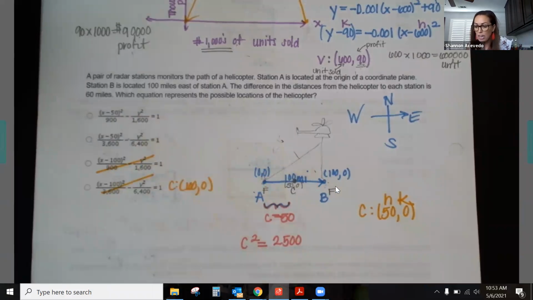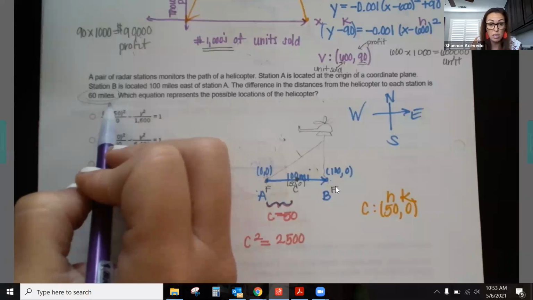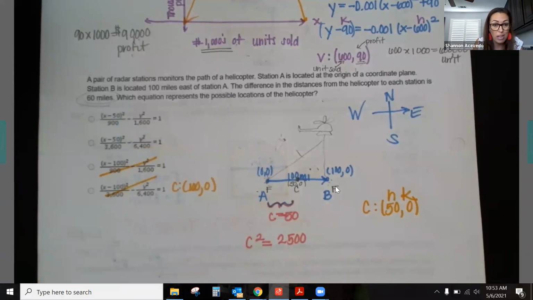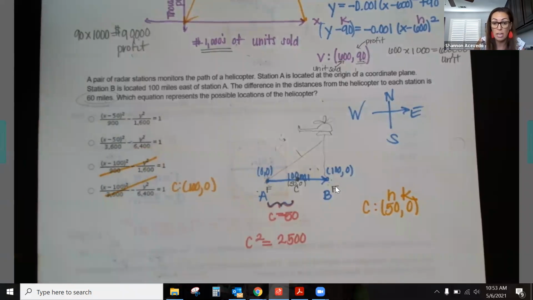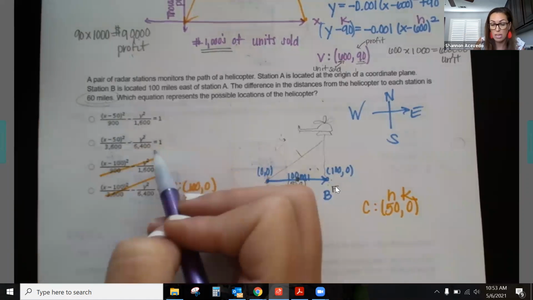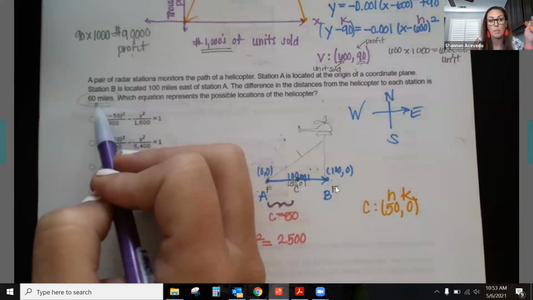I can use this idea of my 60 miles difference. So if I do 60 squared, you could see it's going to be 3,600. That's one way to look at it. So this would be my A squared. Let me rephrase this, and be careful about doing it like this.